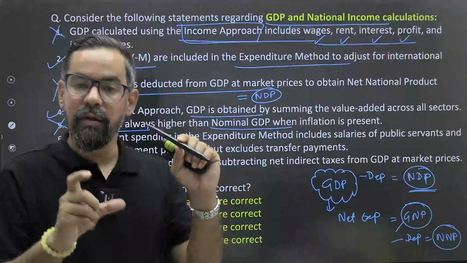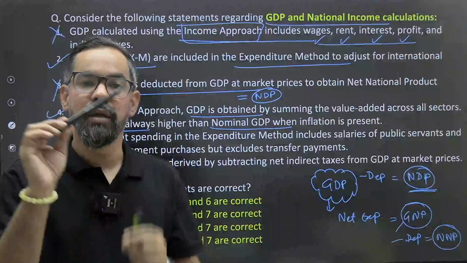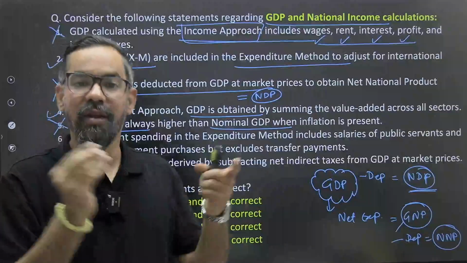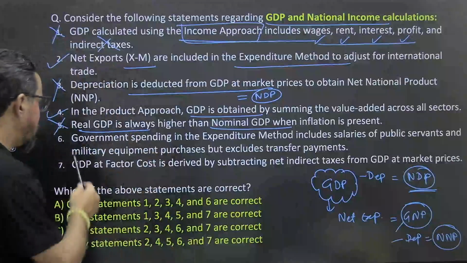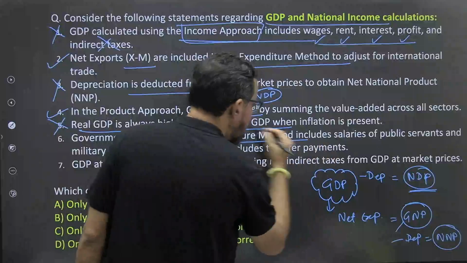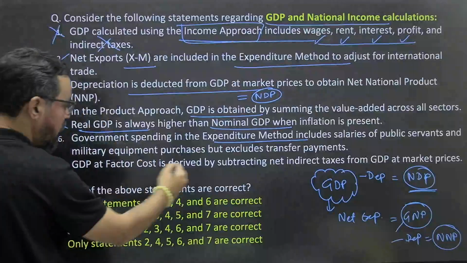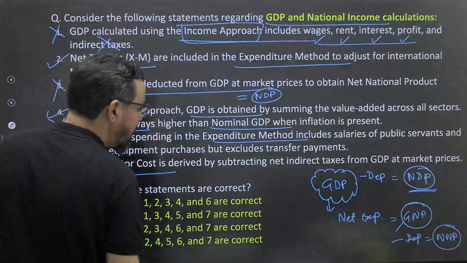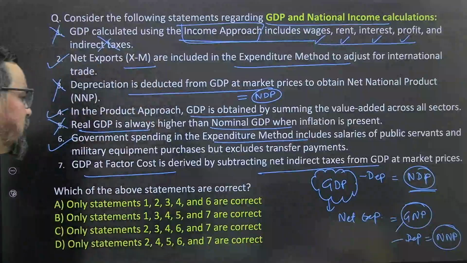So while calculating real GDP, you will consider you produced a marker worth rupees 90, while in nominal it is 100. So it is a reverse thing and it is wrong. Government spending in the expenditure method includes salaries of public servants, military equipment purchases and all. True. GDP at factor cost is derived by subtracting the net indirect taxes from the GDP at market price.